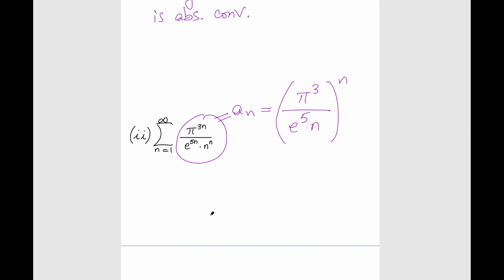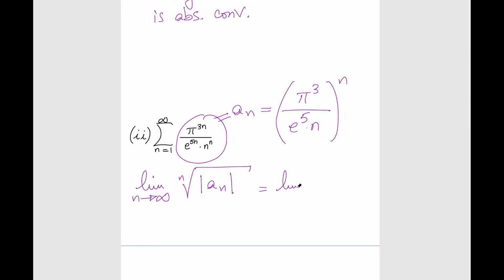And if you run the root test, we have to take the limit of this, where the nth root and the nth power undo each other.